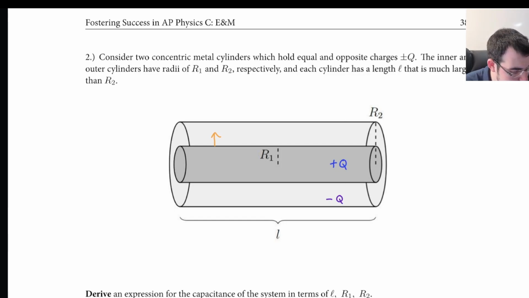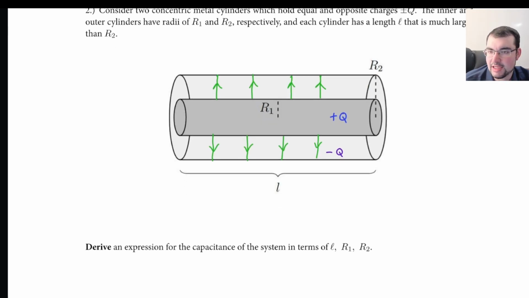So we know the E field starts out perpendicular, and we'd get something roughly like this. So as long as your separation distance is small, we can approximate this as a uniform electric field direction in this region. And we can see this is our nice cylindrical symmetry case.